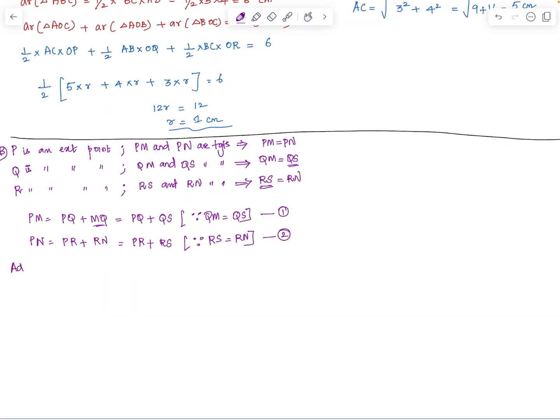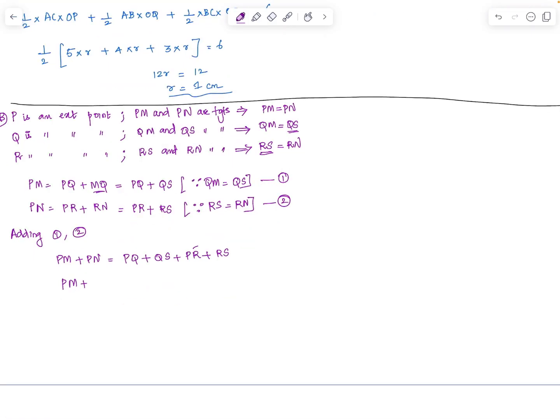Adding both the equations, on the left hand side we get PM plus PN is equal to PQ plus QS plus PR plus RS. PM plus, instead of PN we can write PM, which is equal to PQ plus PR plus QS plus RS. 2 times PM is equal to PQ plus PR.